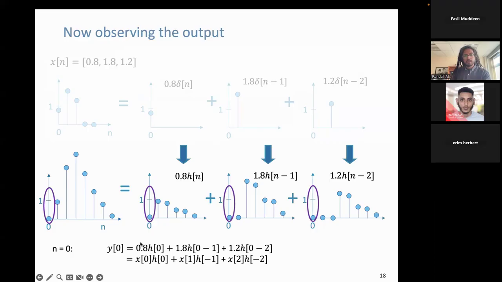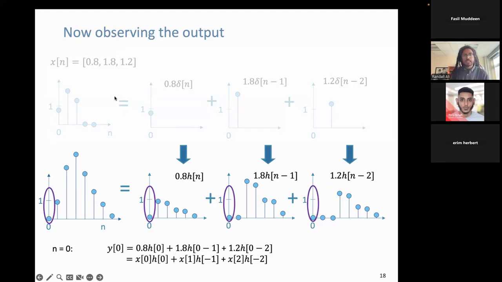So, this first one is 0.8 times h of 0, which is this one. This next one is 0.8 times h of 0 minus 1, because remember, n is equal to 0. And then on this point here, it's 1.2 times h of 0 minus 2. I could simply write that as, if I recognize that 0.8 is x of 0, because it's this first value of x.